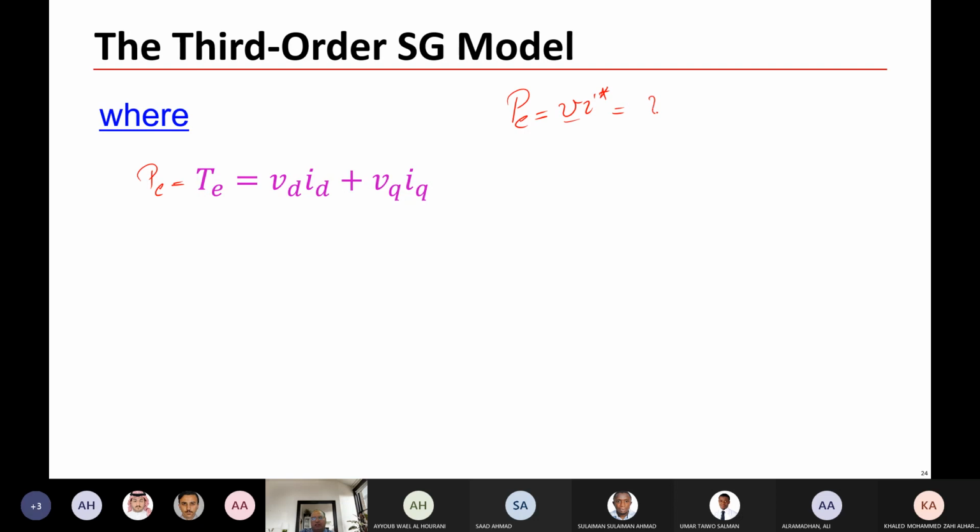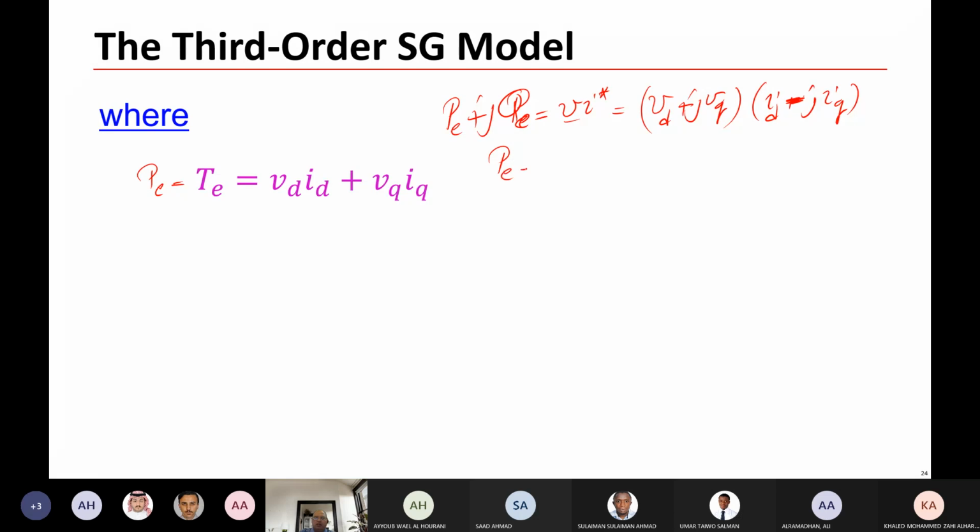If you write V equal to VD plus JVQ, and you have here I, this is SE, which is PE plus JQE equal to this. So this is ID minus JIQ.